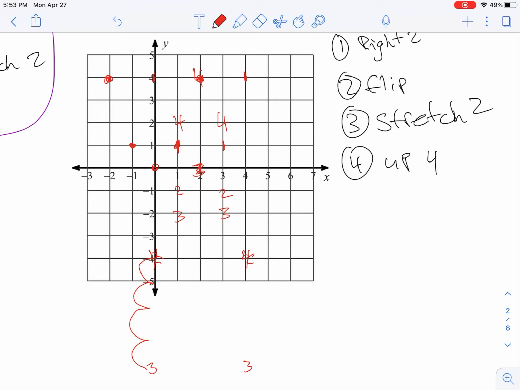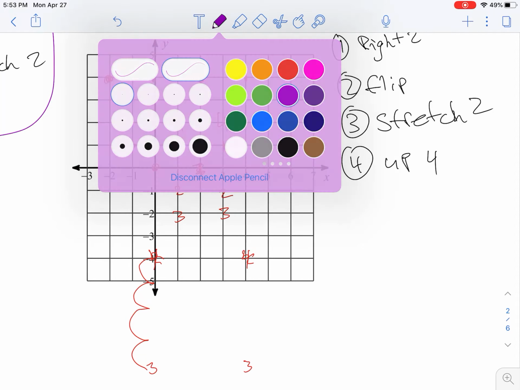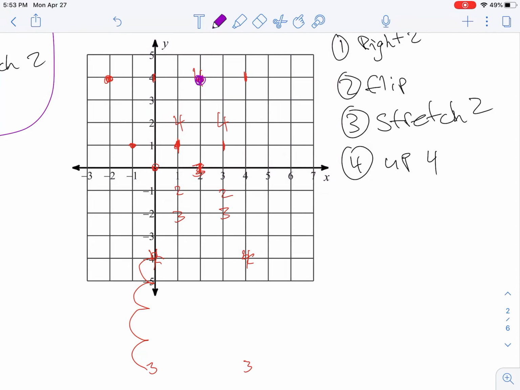So all of my 4s, let me use a different color, I'll use purple just so you see them. All of my 4s are where my actual final points ended up for my parabola. It was way off the graph.